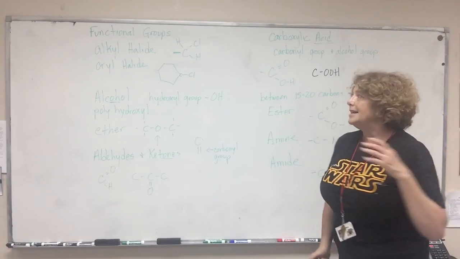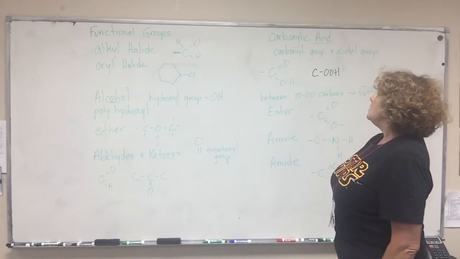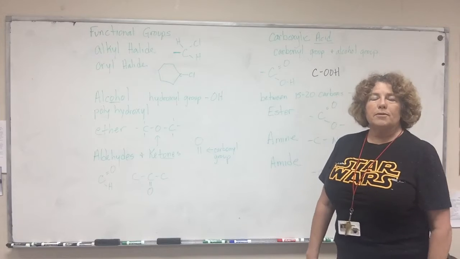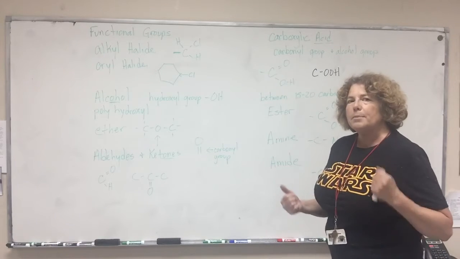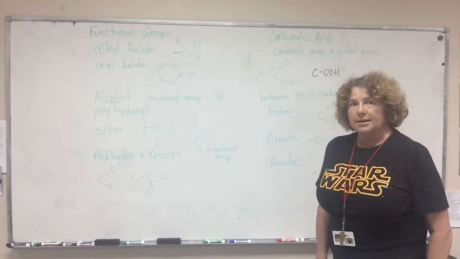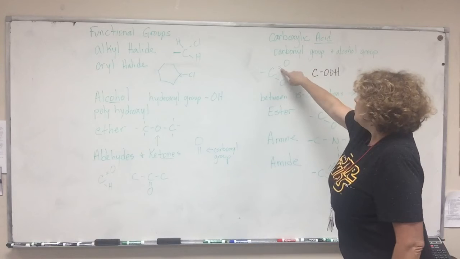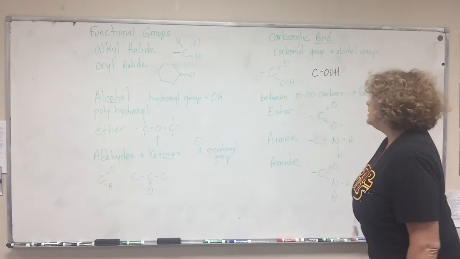That means that it is an alcohol. So, carboxylic acid. Citric acid is an example of a carboxylic acid. Formic acid, what makes you get hurt with a bee sting, is a carboxylic acid. So those are formed when you've got a carbonyl group and an alcohol group, a hydroxyl group.